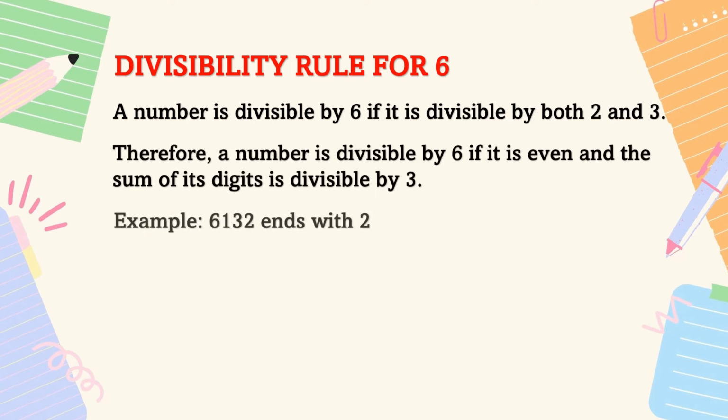For example, 6,132 ends with 2 and it is an even number. Now, we have to add the digits: 6 plus 1 plus 3 plus 2 is equal to 12. 6,132 is divisible by 6.